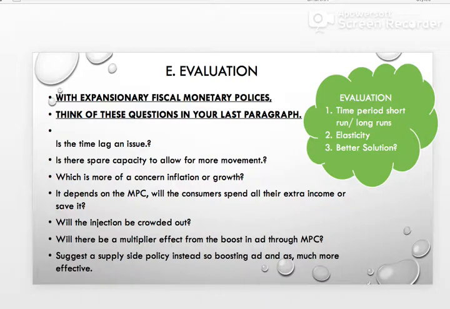So your evaluation, you're going to think about time lags, maybe there's spare capacity to use up. It depends on the marginal propensity to consume in the country. This is often higher in developed economies than developing economies. Will there be crowding out of any injection by the government? So linking your good terminology with some depends on factors will really strengthen your evaluation, which should be 300 words.